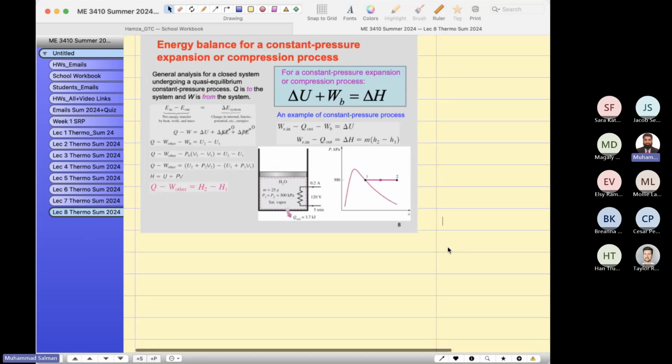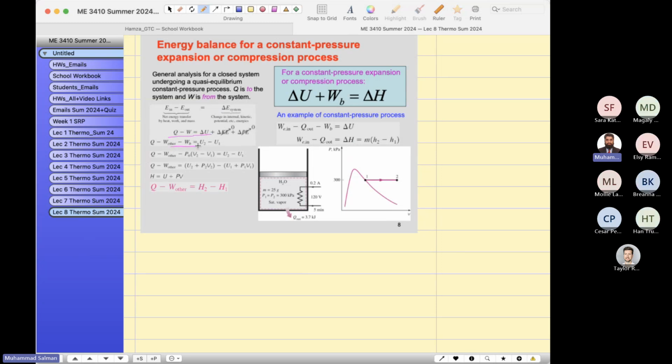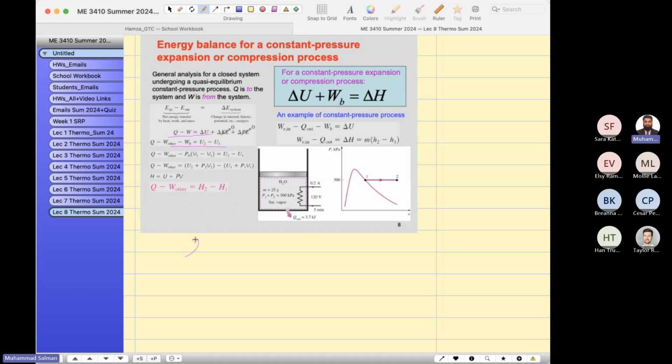Now the next equation is this formula. Please write down this formula. We call this enthalpy. Enthalpy comes from the first law of thermodynamics, like Q going in, work performed, W. If you rearrange this, you get this at a constant pressure. So H, please write this down in your formula sheet.